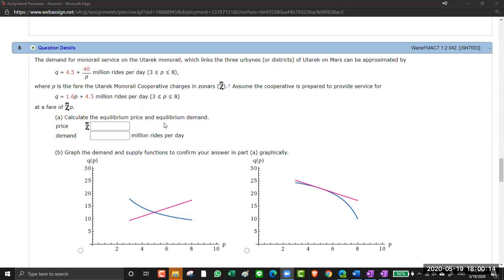Okay, let me read this. I'm not quite up to speed on this one. It says the demand for monorail service can be approximated by this. So this is the demand function, right? And P is the fare, P is the price, and P is between 3 and 8.